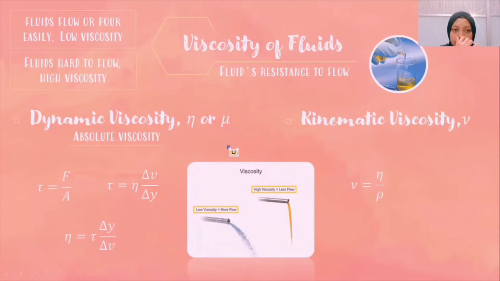There are two types of viscosity, dynamic viscosity and kinematic viscosity. Dynamic viscosity is denoted by this symbol, eta or mu. But in our reference book, we use this symbol, which is eta. Dynamic viscosity is also known as absolute viscosity.